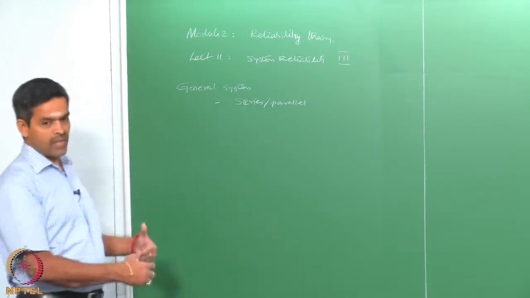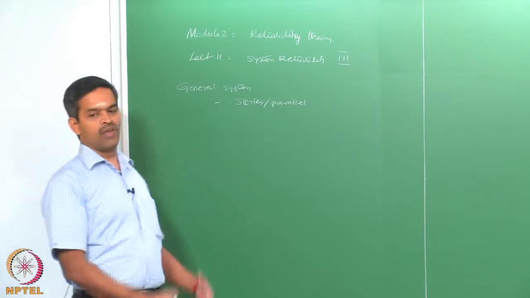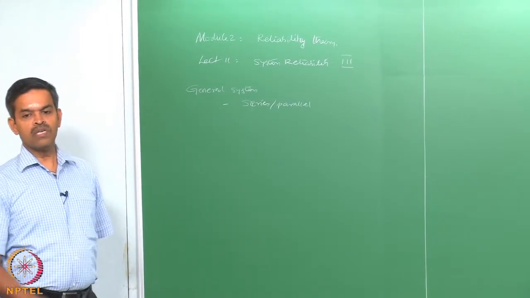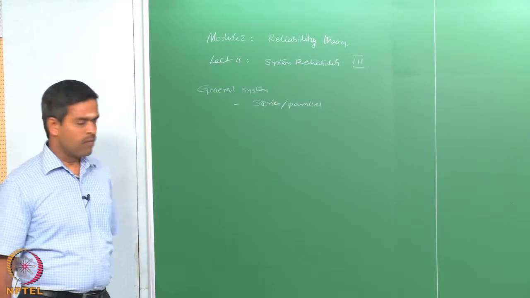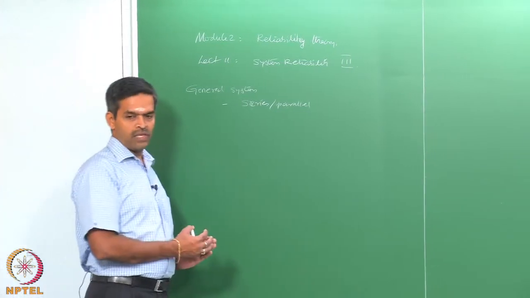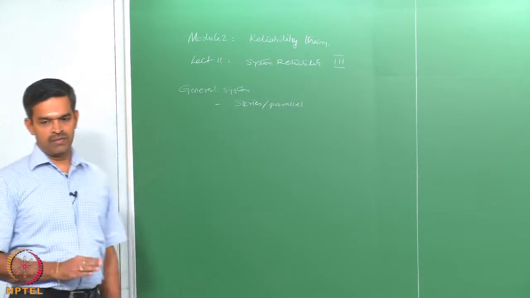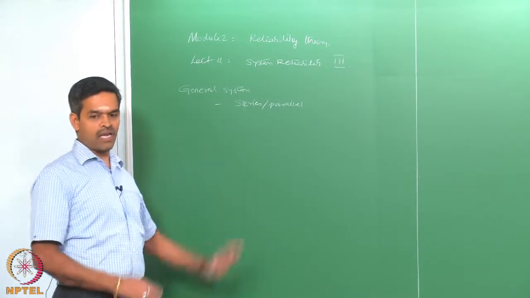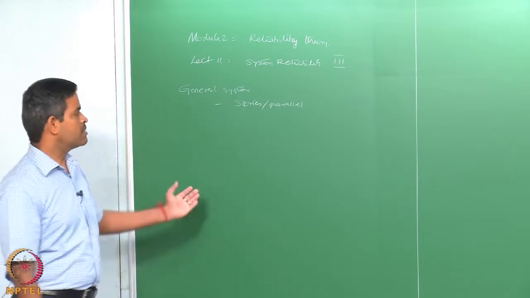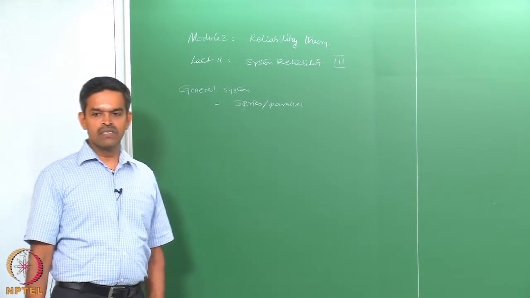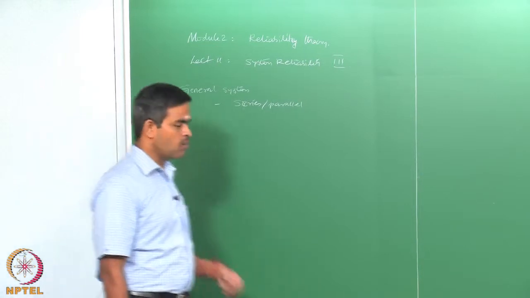So, now based on that system, we are going to discuss the failure theory, but let us recollect a general system now, which is going to comprise either minimum cut sets or minimum path sets. So, let us reproduce the same example again for our understanding, and let us draw a general system with minimum cut set and minimum path set. So, if you look back, this was the general system we had.